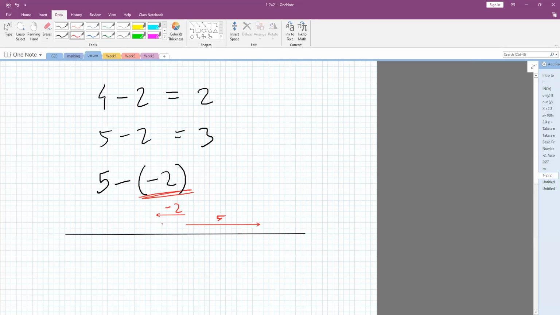So now what happens is you do this operation 5 minus negative 2. If you look at what happened with this arrow when you do minus, what happens is you will have now the opposite arrow.